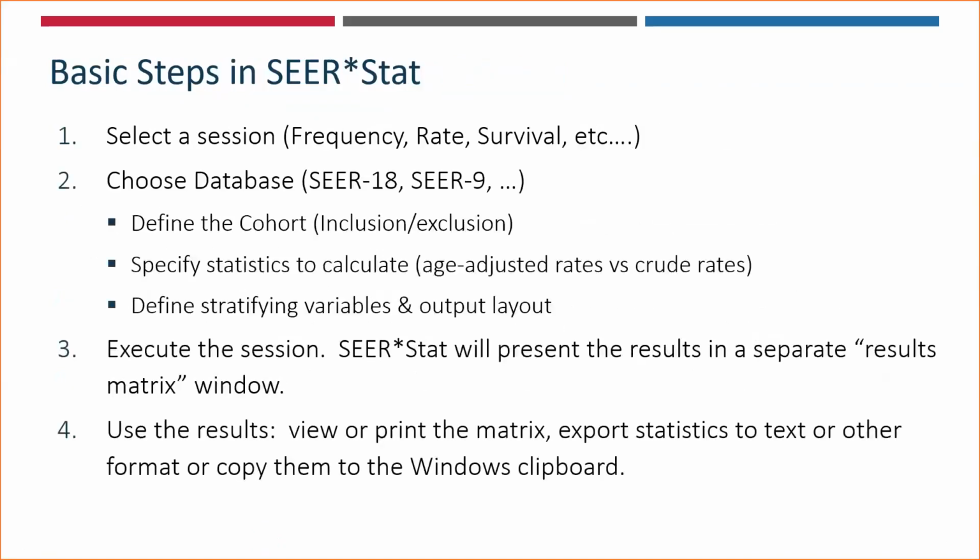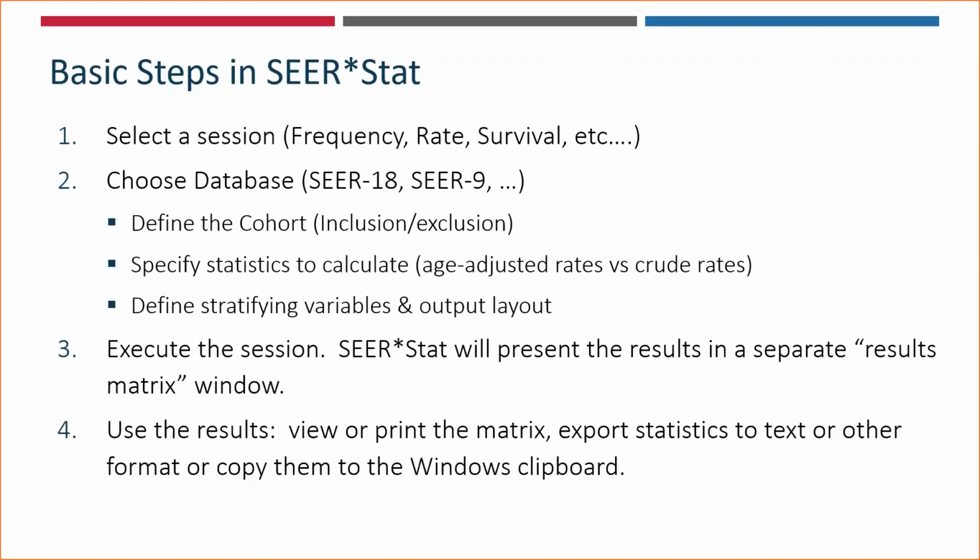So when we're working with SEERStat, we need to do several things. First thing we're going to do is select a session. What kind of statistics do we want to calculate? Then we're going to choose a database. Then we're going to define our cohort, make selections. We're going to specify statistics to calculate within that session type. We're going to then specify how we want to stratify the results.